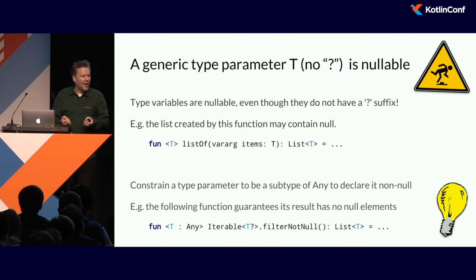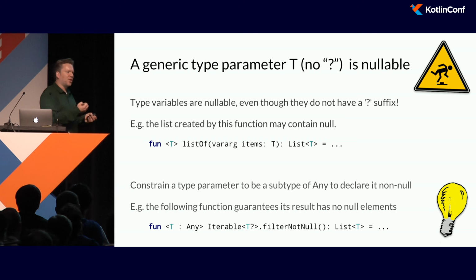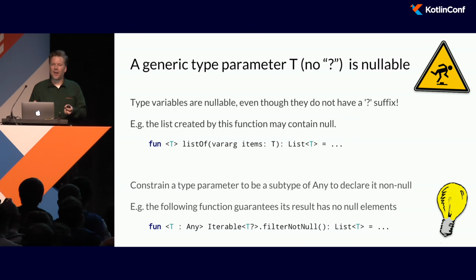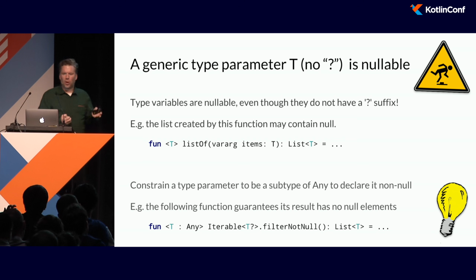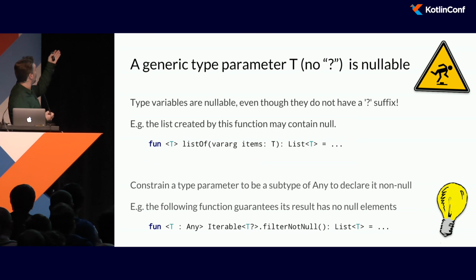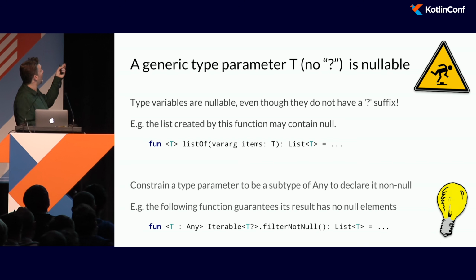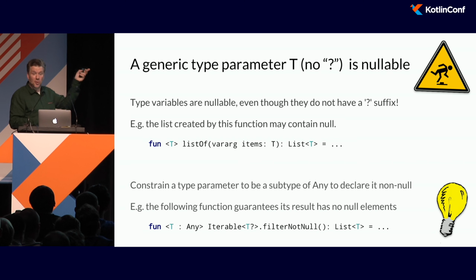So if I want to say that a generic type parameter cannot be null, I have to declare that it must be a subtype of any. So, for example, in the function at the bottom, also from the standard library, it declares that T must be any, therefore T cannot be null.